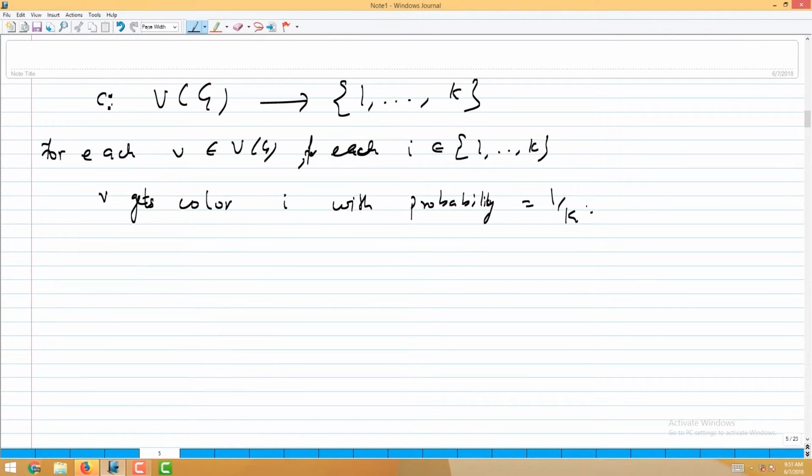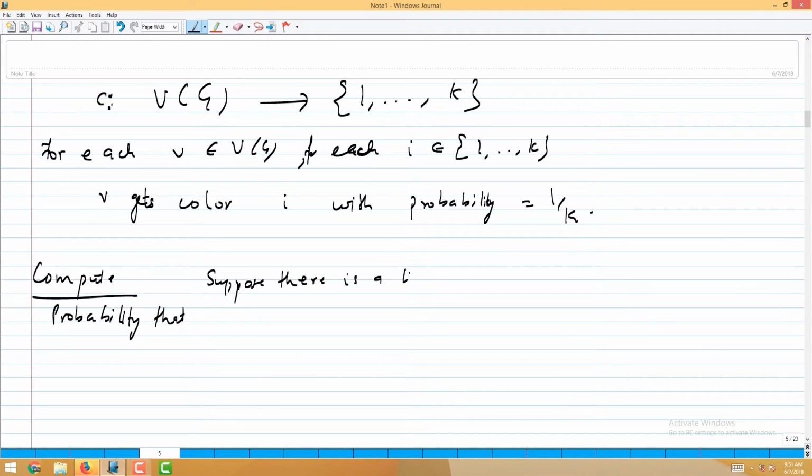Okay? And what is the goal? We want to compute the probability that, suppose there was a k path in the graph, this coloring would color this k path colorfully.